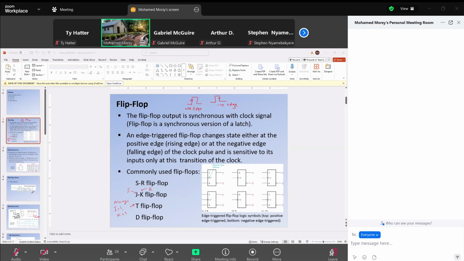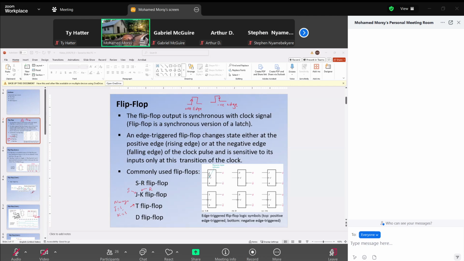But for flip-flop, the transition happens at the edge of the pulse, either positive edge or negative edge. And we mentioned when we look at the flip-flop, we can know if this is positive edge or negative edge. We can see this symbol here.